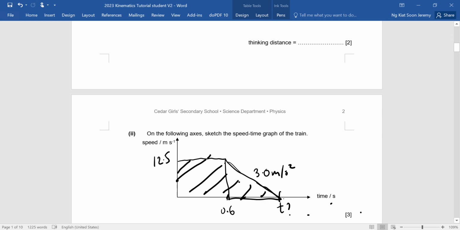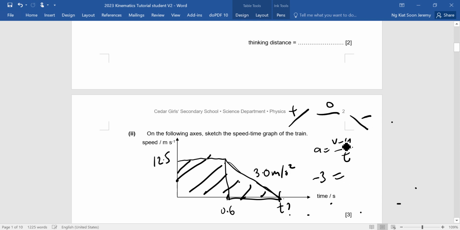One way is to think about it as the gradient here can be calculated by a equals v minus u over t. The a in this context is actually negative because the gradient is negative, so remember this is minus 3. Can you see this negative gradient? Hopefully you know this is positive gradient, this is 0 gradient, and this is negative gradient.